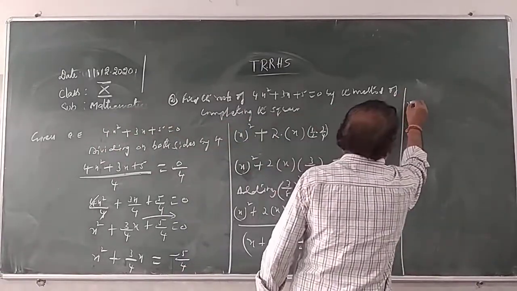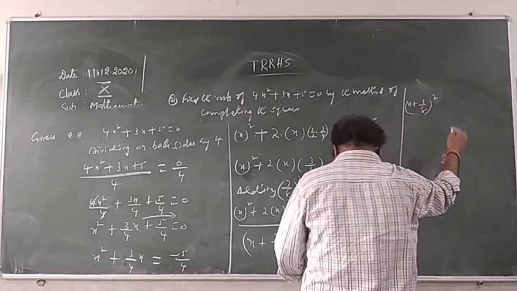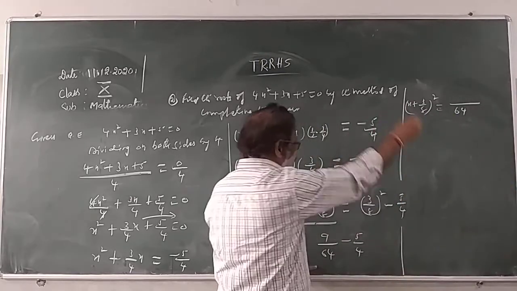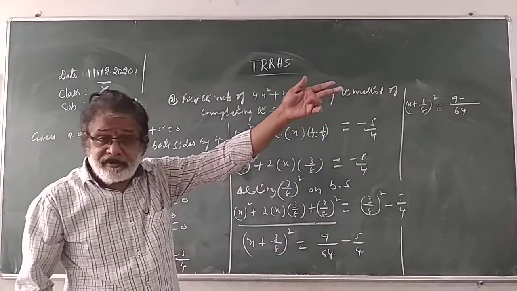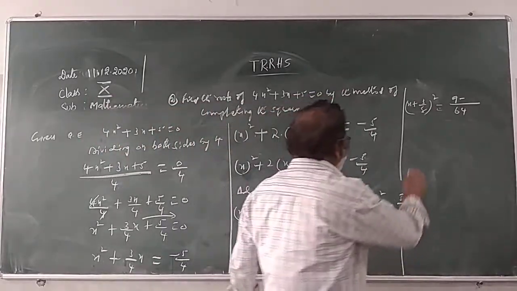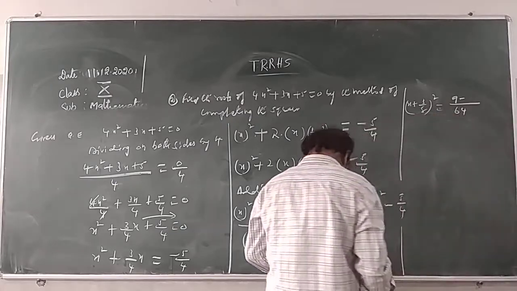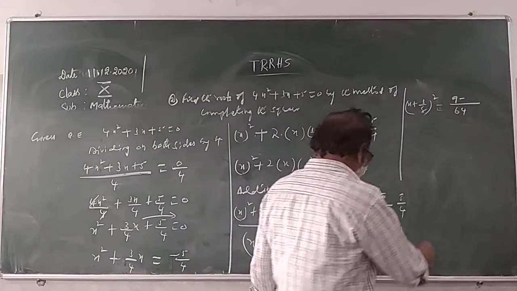Take the LCM, which is 64. 64 one time is 9, minus 5 by 4: 64 divided by 4 is 16 times, so 80.